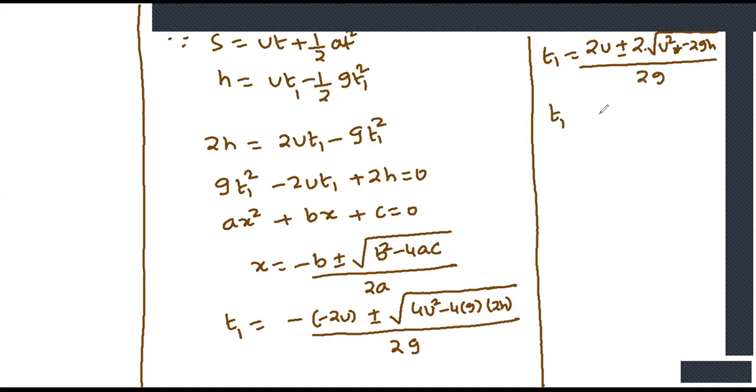So t1 equals u plus or minus under root u square minus 2gh by g.